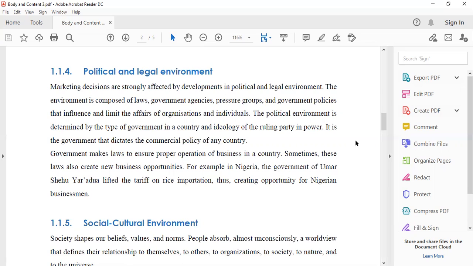These bans could create opportunities for the organizations to key into, the substitutes or the alternatives. For instance, a ban on importation of foreign rice creates opportunities for local rice production and sales. So a marketer should always monitor the events happening in the market space and also try to key in.